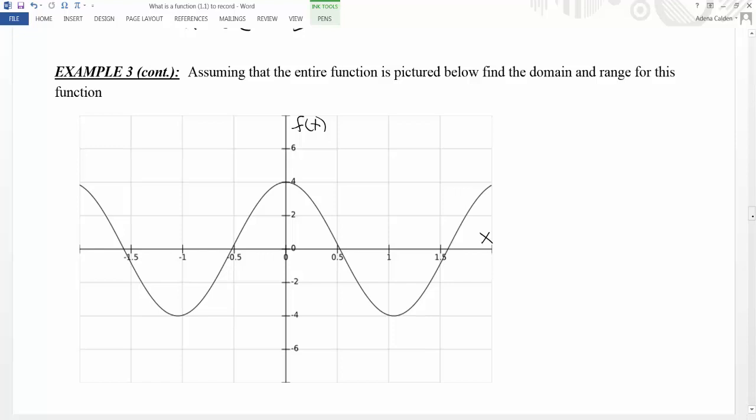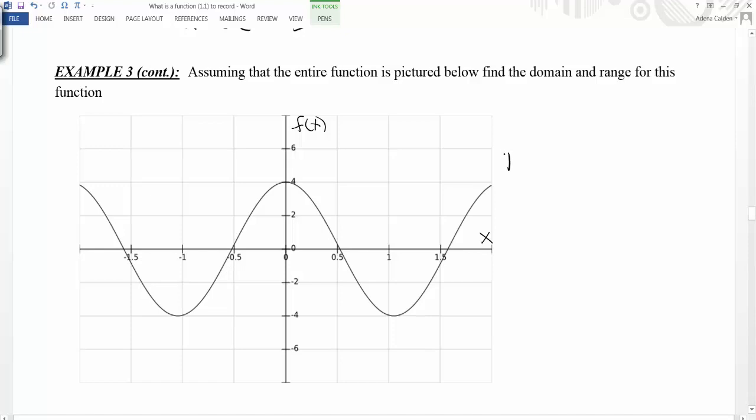So if the entire function is pictured below, that means that it does not continue past what we see. And therefore, we can cut off our graph in terms of the independent variable because we don't have these arrows on the ends. So let's start with the domain. So the domain is all the possible x values.